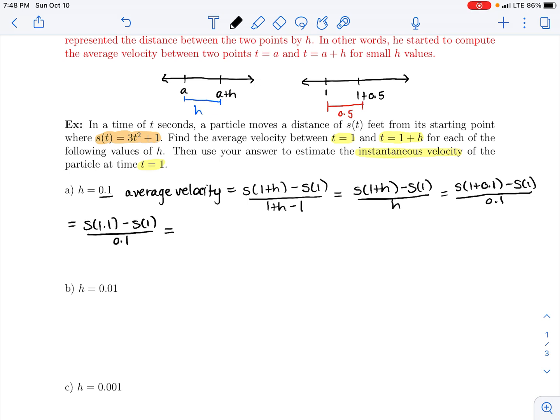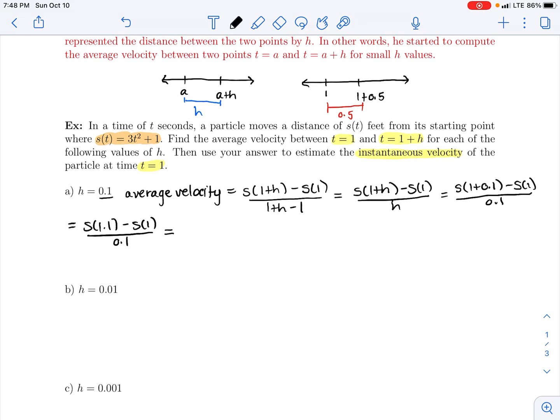Okay, and now I'm going to actually plug that into the function. So looking at what I highlighted in orange here, s of 1.1 is going to give me 3 times 1.1 squared plus 1 minus, make sure you use parentheses, 3 times 1 squared plus 1, and then all over 0.1.